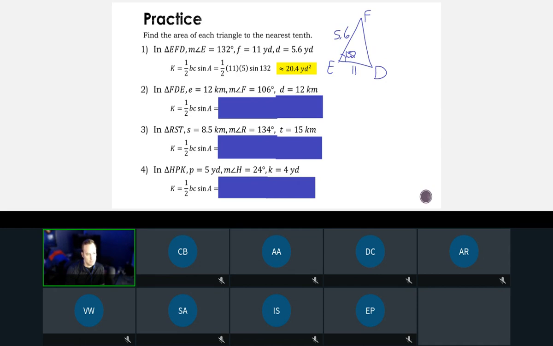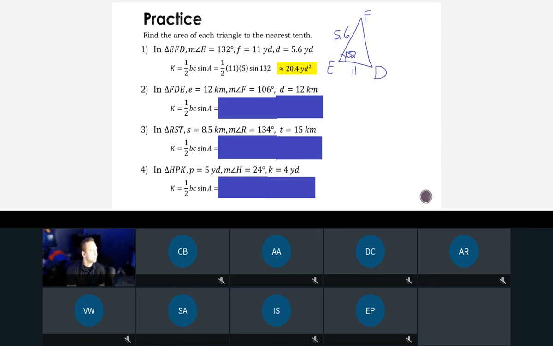Length times width creates square units. And then if you have a fish tank or a gallon of milk and you want to put liquid in it, that's volume. Volume is cubic units: length, width, height. So again, linear is just units, area is square units, and volume is cubic units. So hopefully I answered your question. Yes, you did. Thank you.